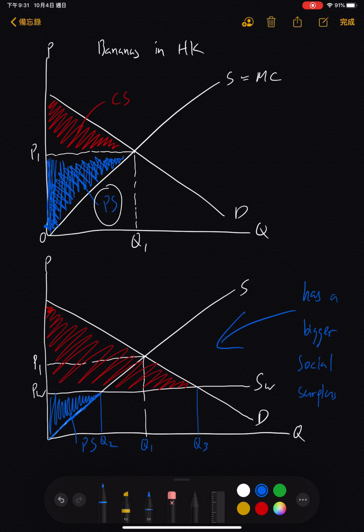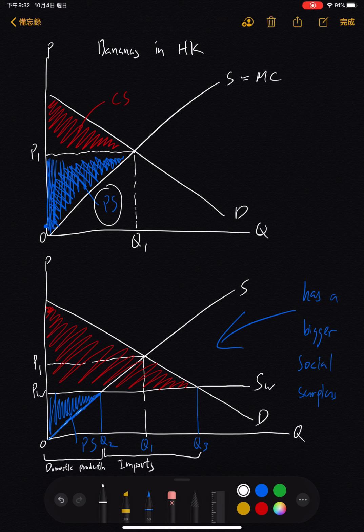Let me just add things up a little bit. Now we know the distance of Q2 to Q3 is your imports, and the distance of 0 to Q2 is your domestic production.